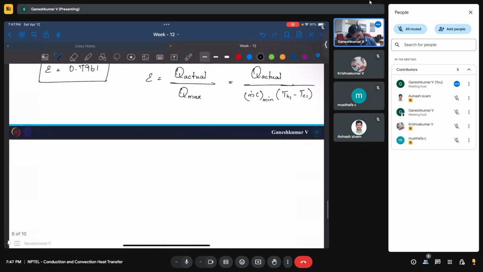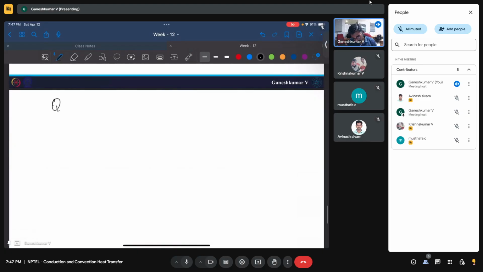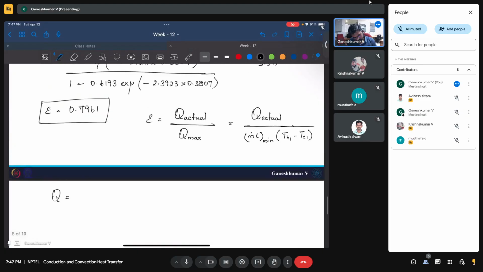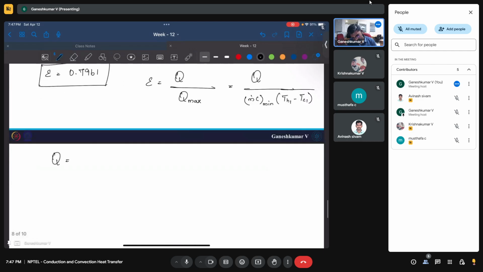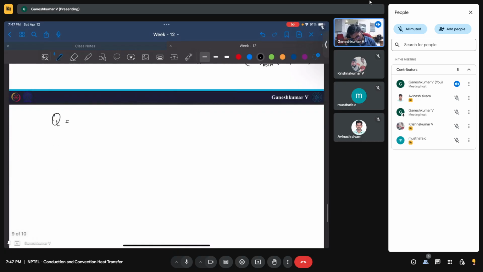Now Q actual, or Q, is what we want to find out. So we can just write it as Q. Q is nothing but epsilon times m dot C min times TH1 minus TC1.